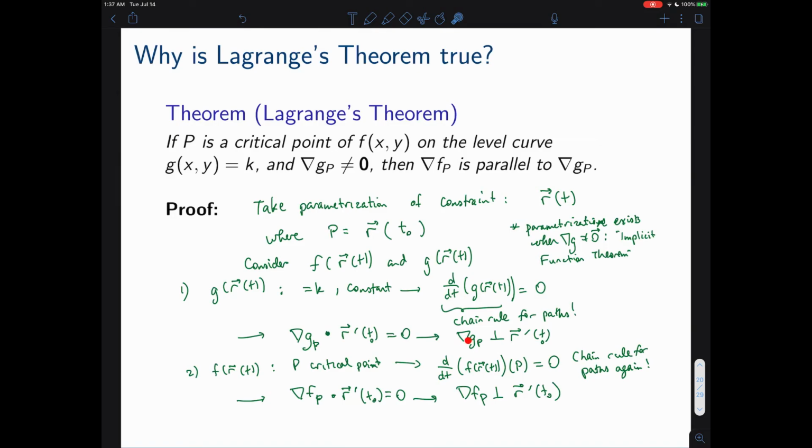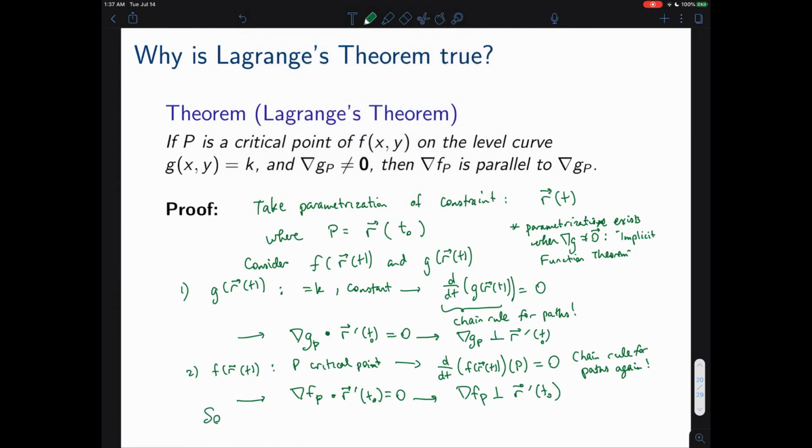All right, so the gradient of g was perpendicular to r'(t0) because this is a constant function and it has derivative 0. The gradient of f is perpendicular to r'(t0) because this isn't a constant function, it's just that it has a critical point, and critical points are where the derivative equals 0. So each one, for its separate reason, is perpendicular to the same vector.